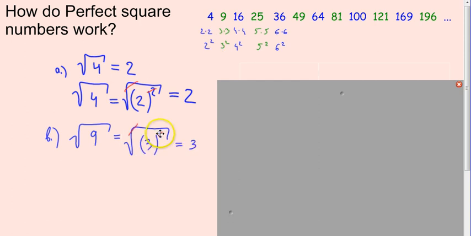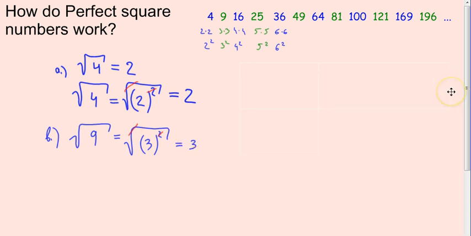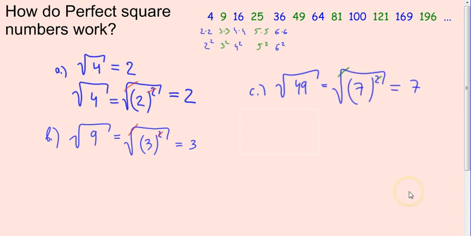Then a square and a square root will cancel each other, producing the result of 3. One more example. Square root of 49. It would be a square root of 7 to the second power. Therefore, it will simplify to a 7.